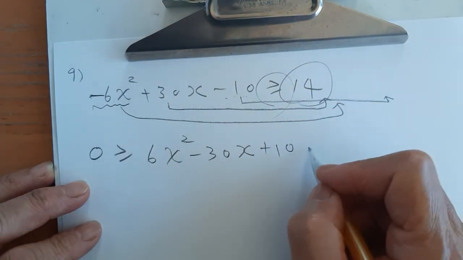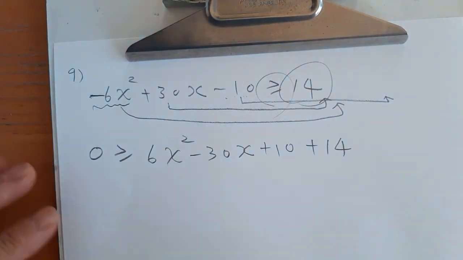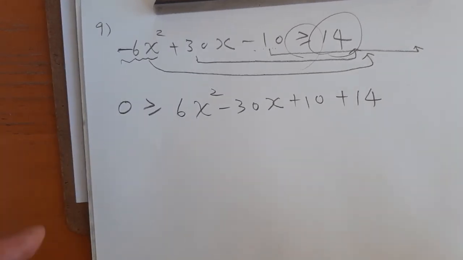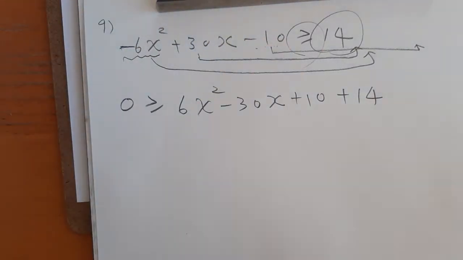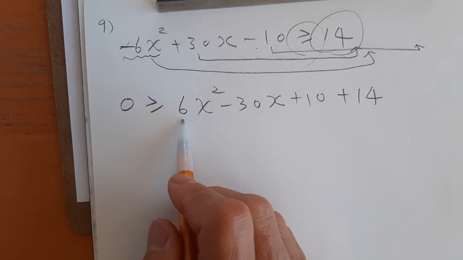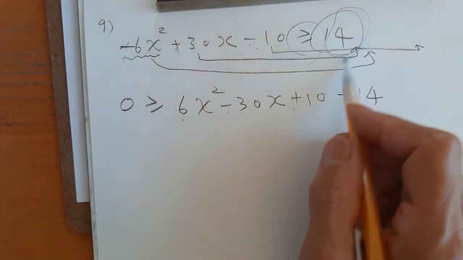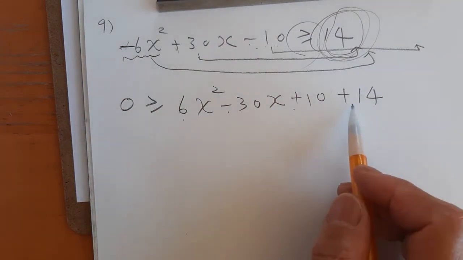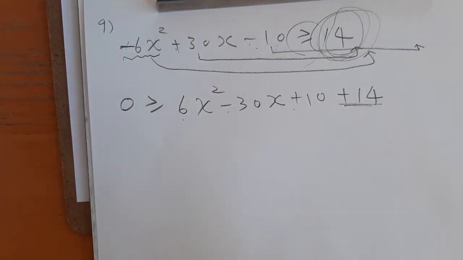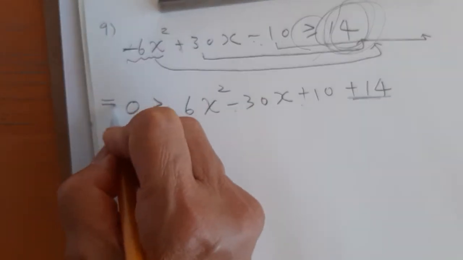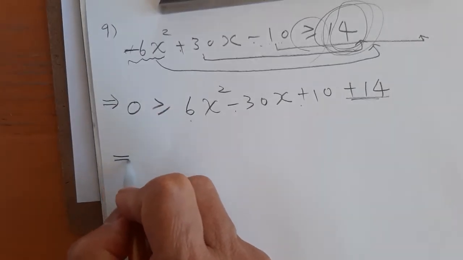And this doesn't move, still on the right side, so it's 14. Don't change the sign. Only the 3 terms move to the right side: negative changes to positive, positive changes to negative, negative changes to positive. This doesn't move, so still plus 14. That's the quick way or shortcut way to do it.